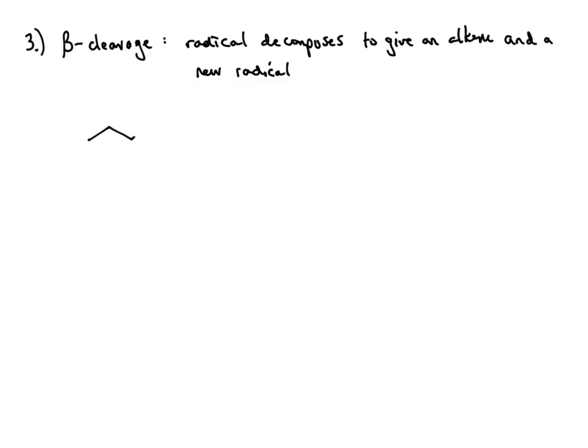So let's say we have this butyl radical. We're going to take the radical and one electron from the CC bond next door, pair those up, but then the other electron moves up onto the other carbon atom as a radical. So the net result is that we have a methyl radical plus an alkene.